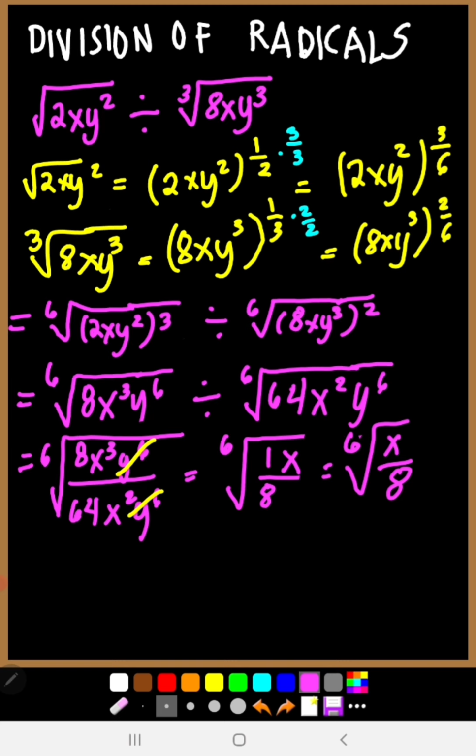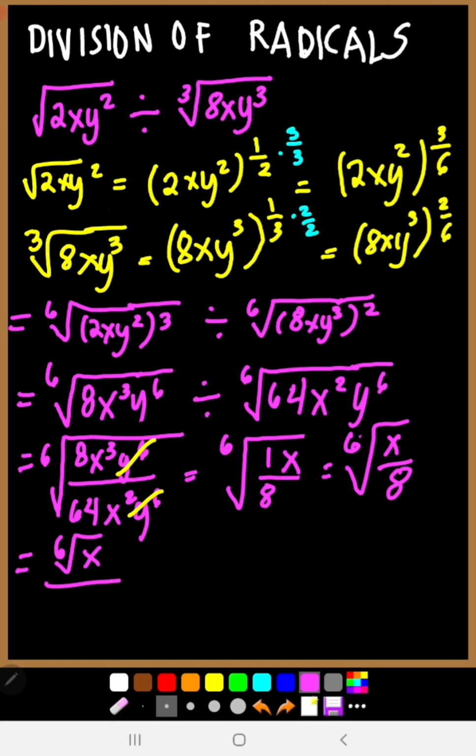Okay. May radical sign pa tayo sa denominator. Diba sabi nga natin, dapat ang final answer natin, walang radical sign sa denominator. Okay? So, i-rationalize natin sila. Bago natin i-rationalize, gawin natin muna itong 6th root of x over 6th root of 8.